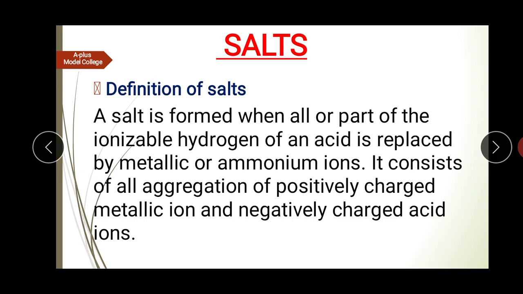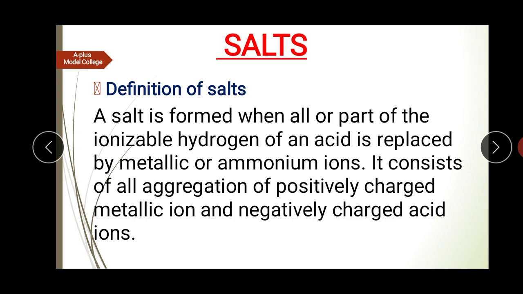Some can completely ionize, some will ionize only part of them and retain the rest, like ethanoic acid, CH3COOH, where out of the 4 hydrogen we give out 1 to ionize. But the likes of HCl and H2SO4 will release all the hydrogen ions to ionize.